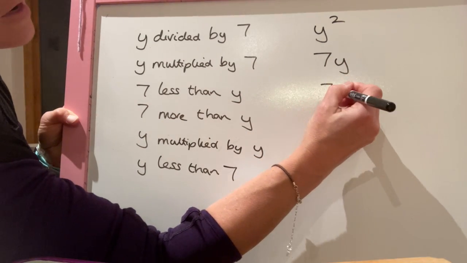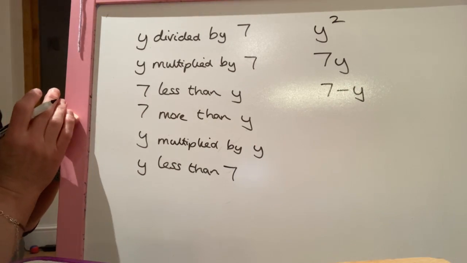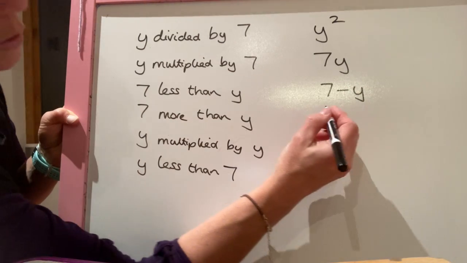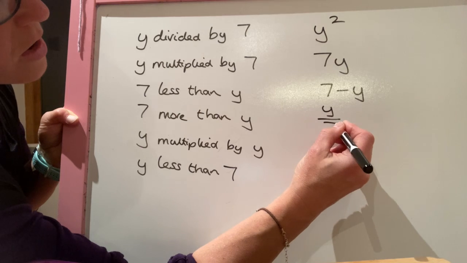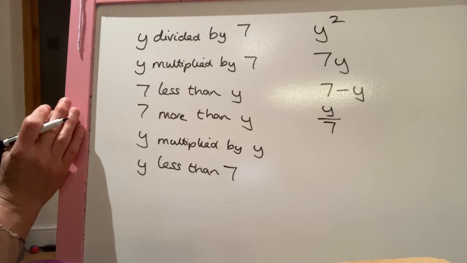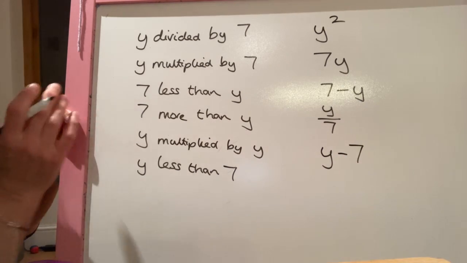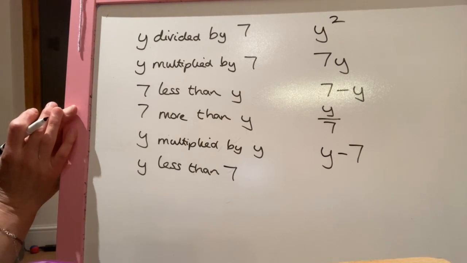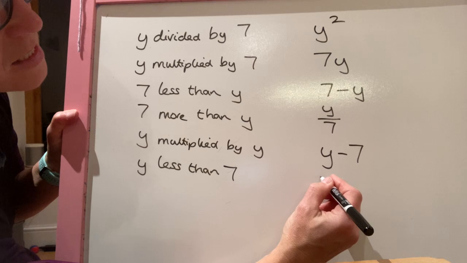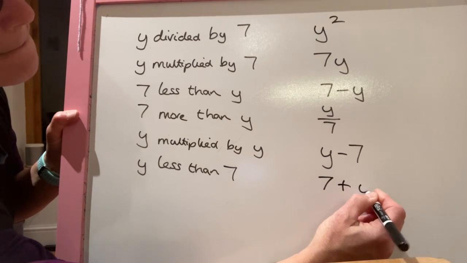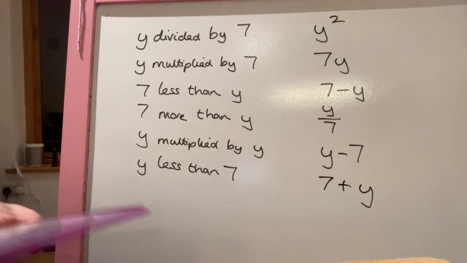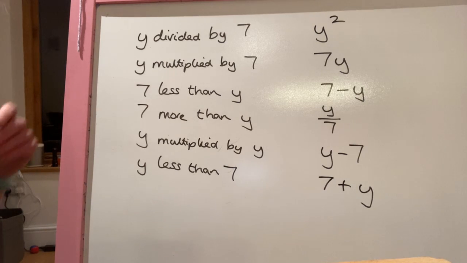Which would be 7 take away Y? Which would be Y divided by 7? Which would be this one? And the other one I've missed is this one. Let's see if you can match those up.